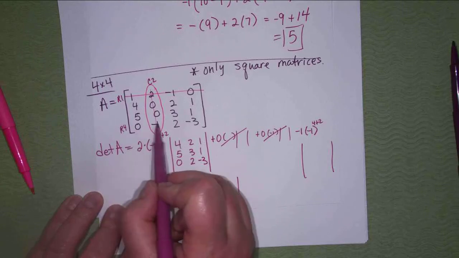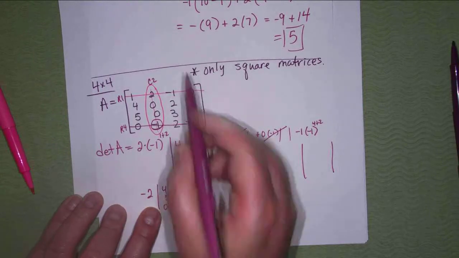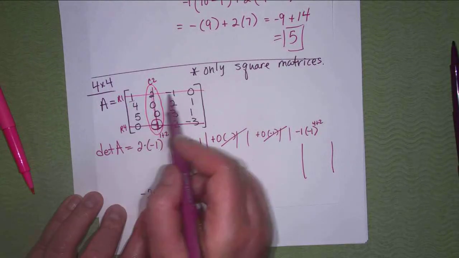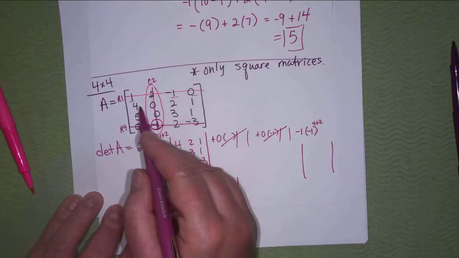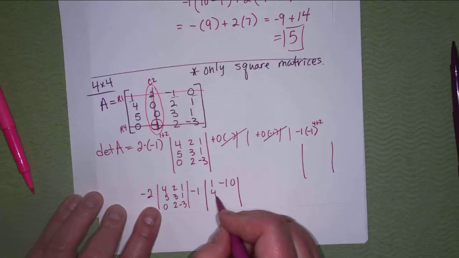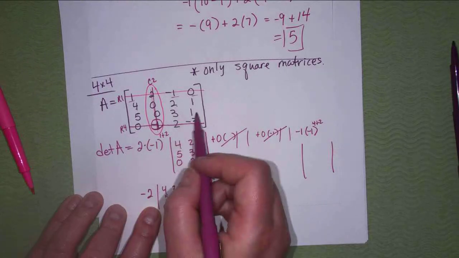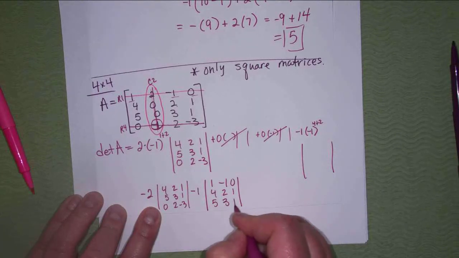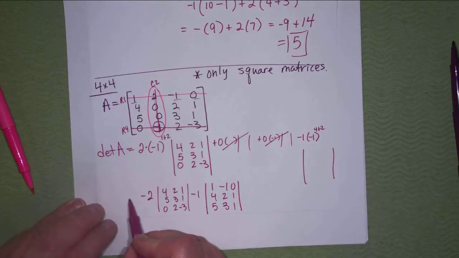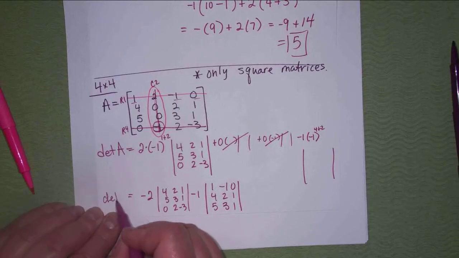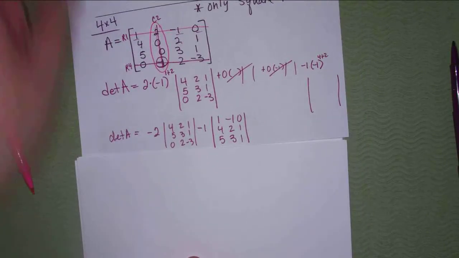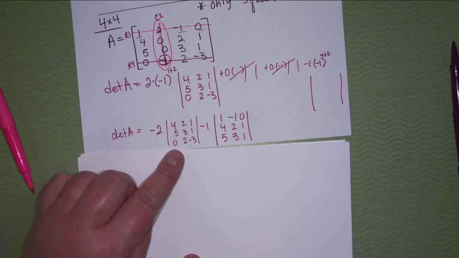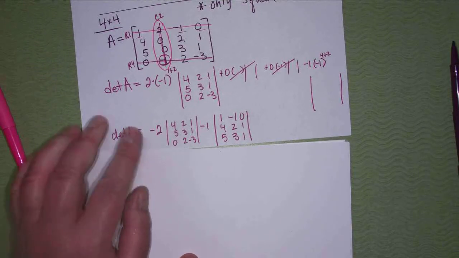So this is here. So 1, minus 1, 0, 4, 2, 1, 5, 3, 1. There. So we need to figure out those two calculations. We could do Laplace along to find those, which is what they do in the book.